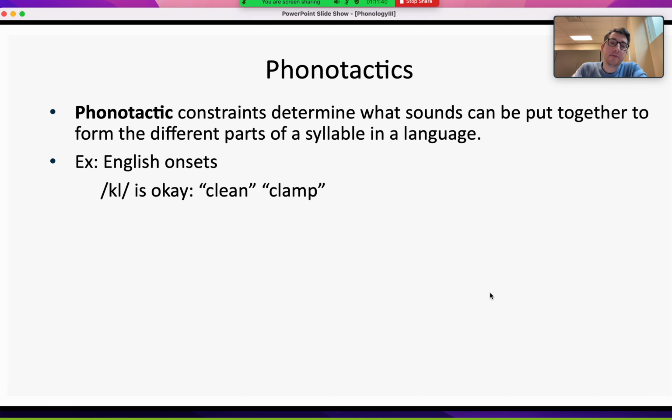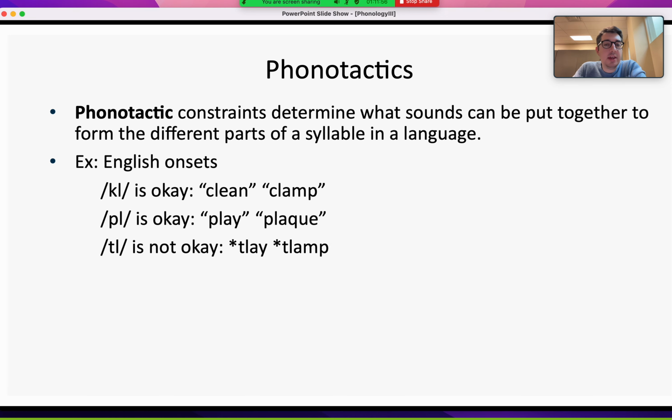So phonotactic constraints determine what sounds can be put together to form the different parts of a syllable in a language. In English, onsets like cl is okay, clean, clamp, pl is okay, play, plaque, but tl is not okay. No English word starts with tl.